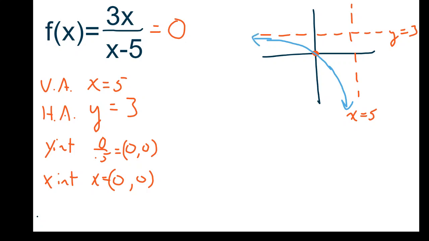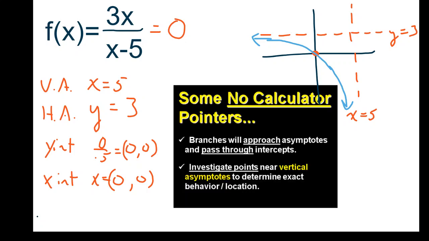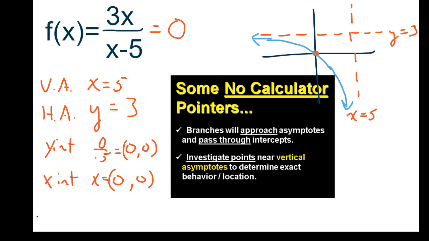Now, the reason I say it's very likely is because we should also consider simple x and y value input-output of our equation so we know exactly what direction this branch is going to go. And so that's why we have this second idea that we will investigate some points that are near the vertical asymptote to determine the exact location of this graph.